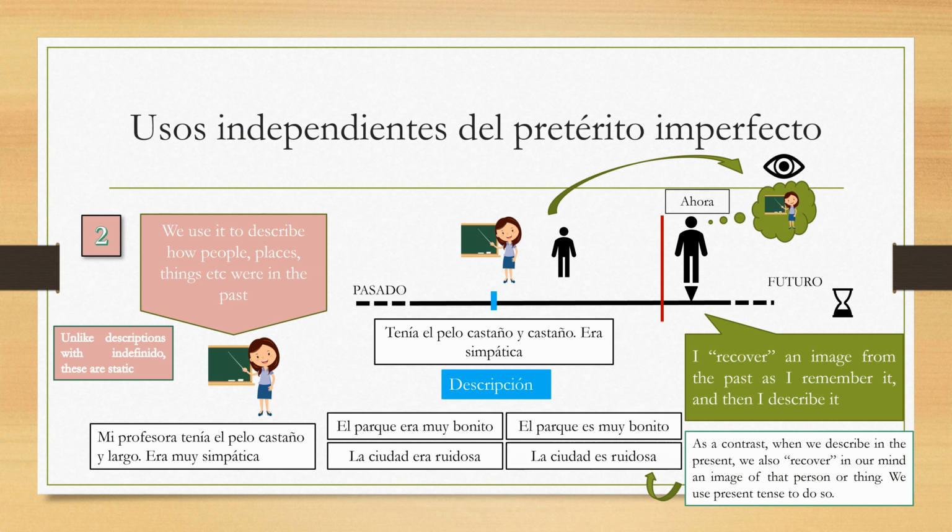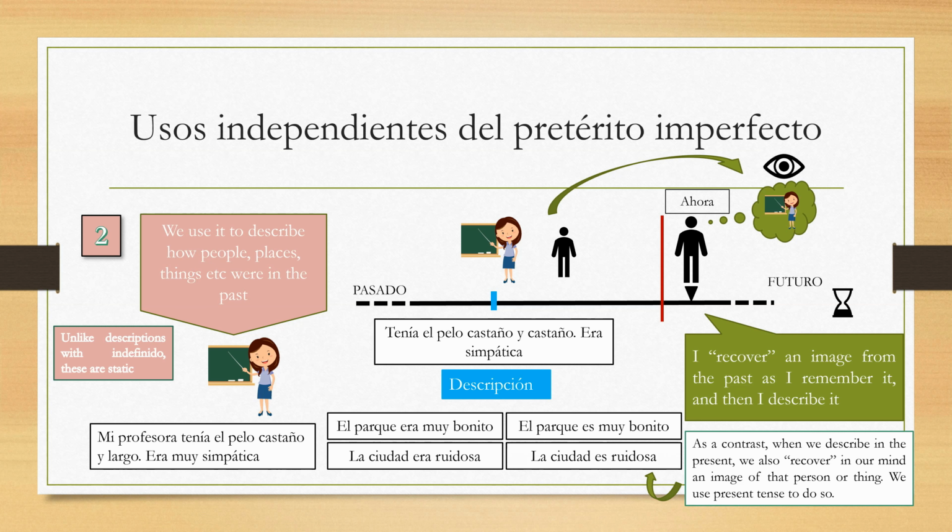Because we don't need to recover, or we do, because it's memory, right? Or we look at the park and that image that we see, we describe it. So these are images. They are static. They don't move.